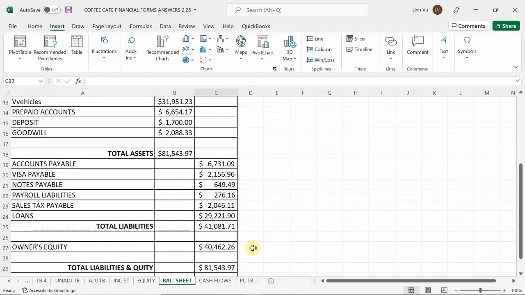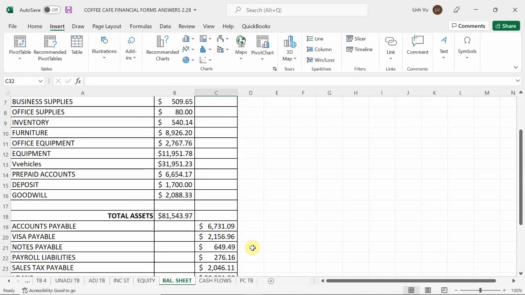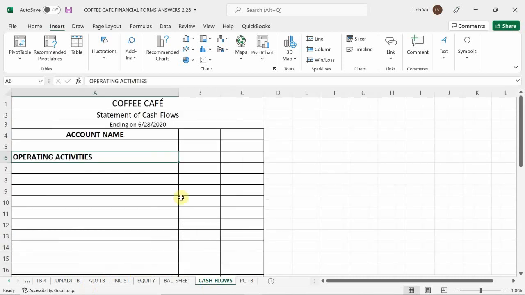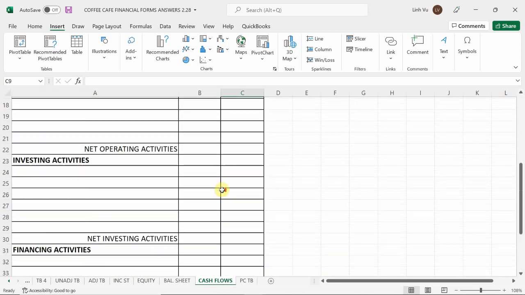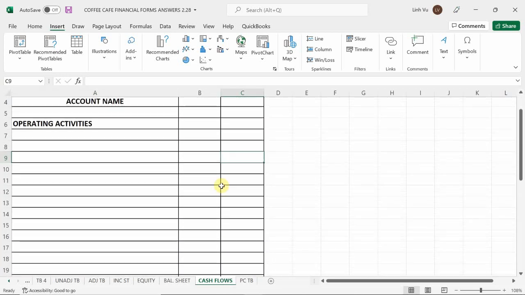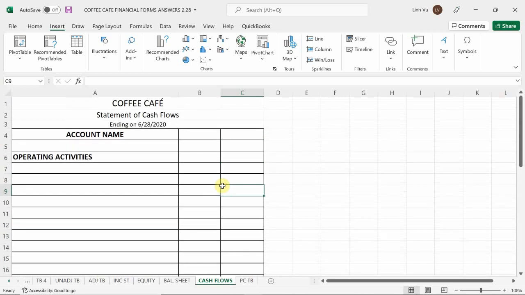So that means I have one last financial statement to complete, and that is the statement of cash flows. I'm going to let you know now, I am not going to test you on this, because this is one of the more difficult financial worksheets you will come across.